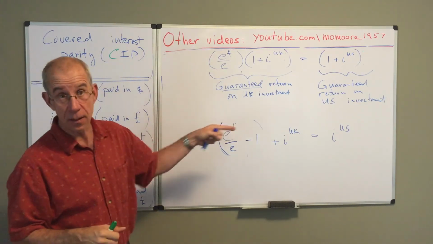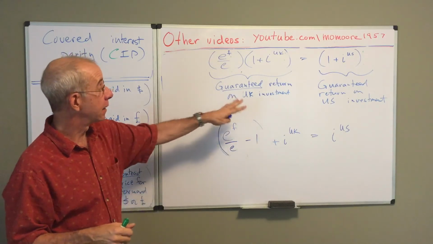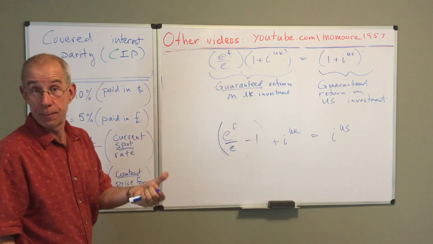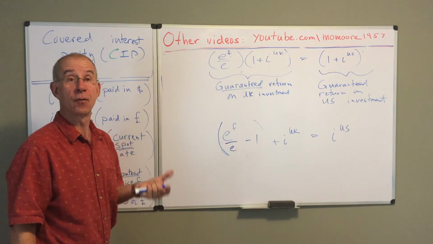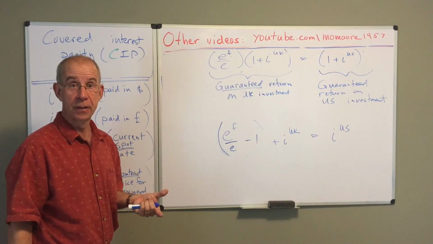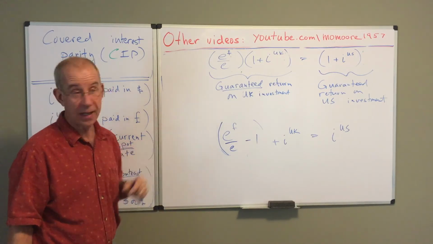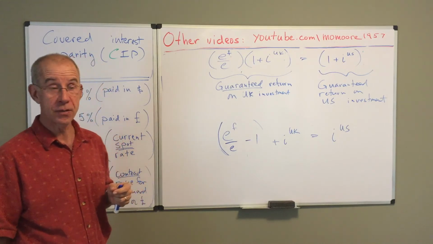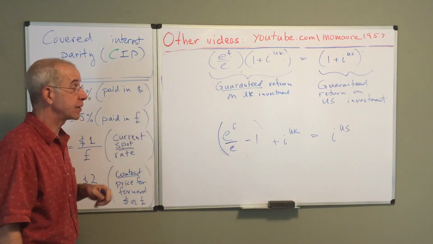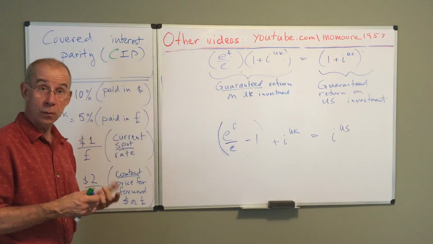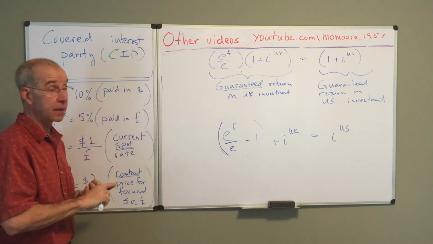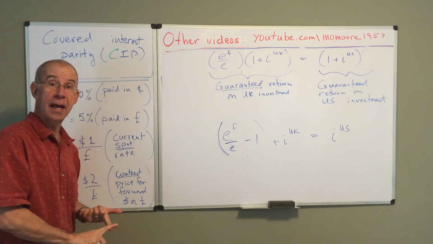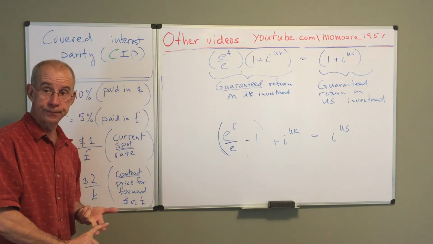And if this doesn't hold in the short term, then people can easily get riskless profits by taking advantage of these differentials. So there's strong pressure for covered interest parity to hold for equally risky assets of the same maturity.